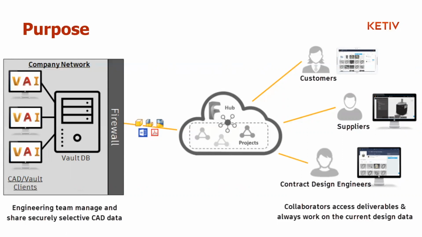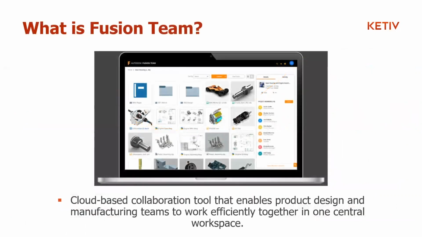We can do that using Vault Professional, 2019 or 2020, because it has Project Sync, as well as Fusion Team. Now, what is Fusion Team? Fusion Team is a cloud-based collaboration tool that allows you to work with your team on the cloud by uploading and downloading any major file type you can think of, whether it's Word docs, PowerPoints, Excels, part files, assembly files, step files, and it's primarily made for CAD data.